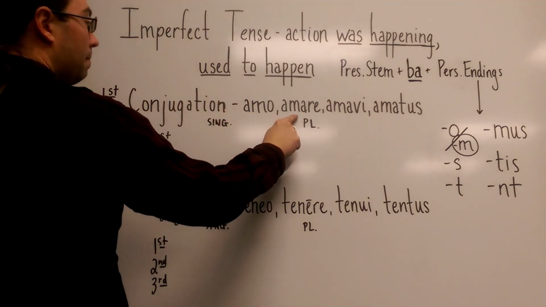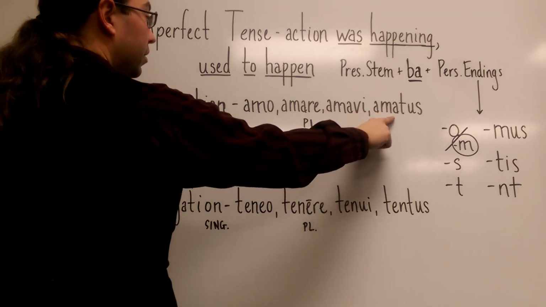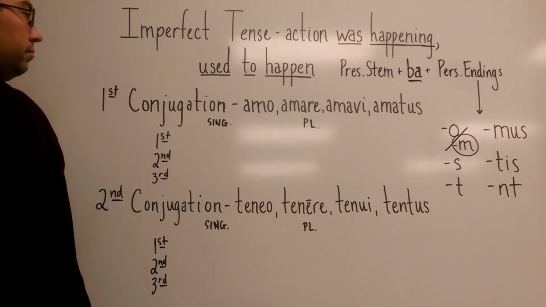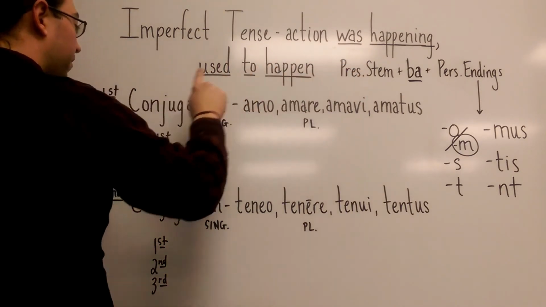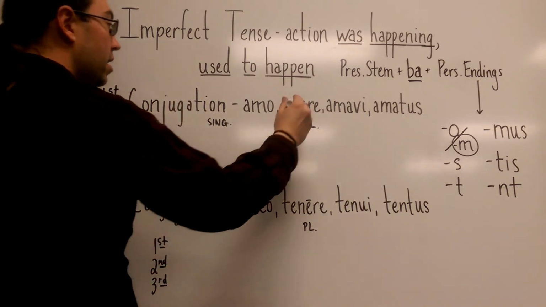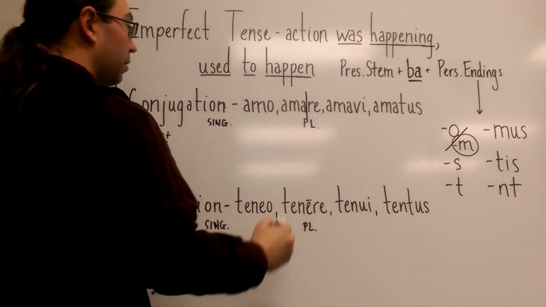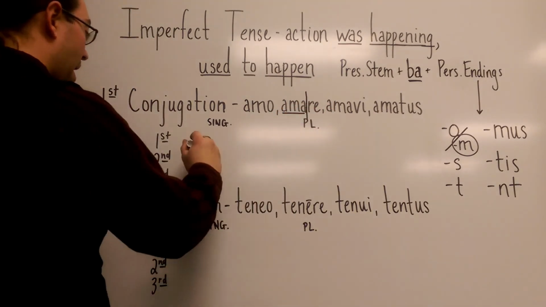Amo, amare, amavi, amatus. The present stem of a first conjugation verb is found by taking the re off of the second principal part. The present stem of this verb is ama.